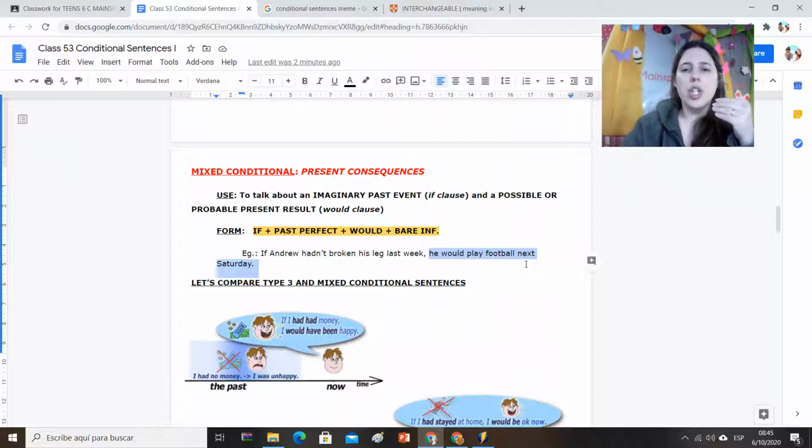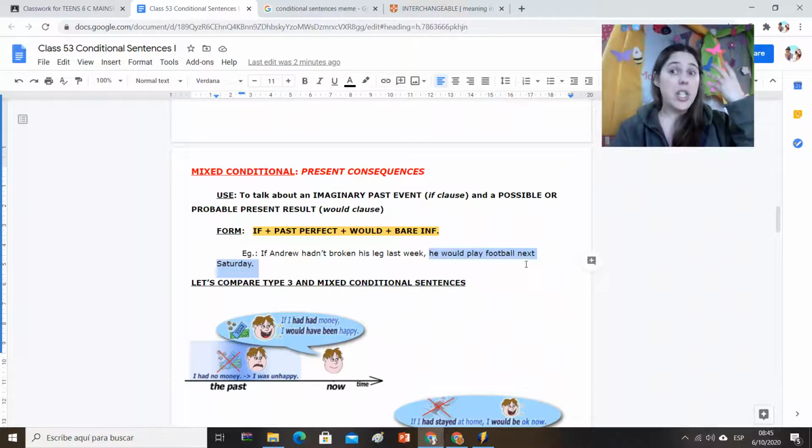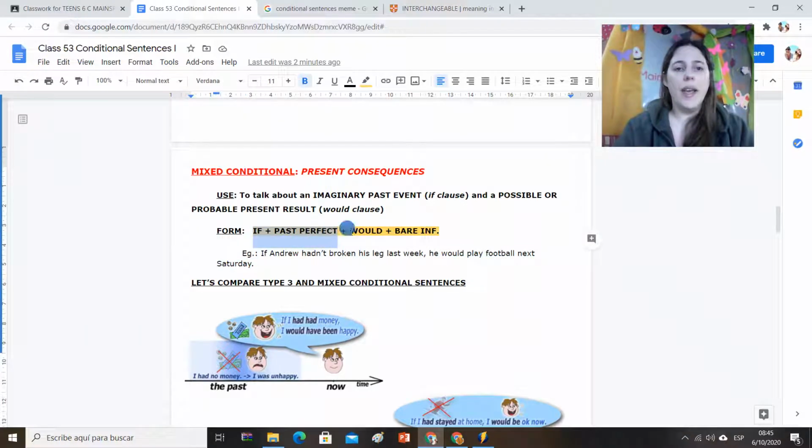The mixed conditional is used to talk about the past event, the imaginary past event, with a present imaginary result. Okay? So I follow the structure of conditional type 3 and then conditional type 2.